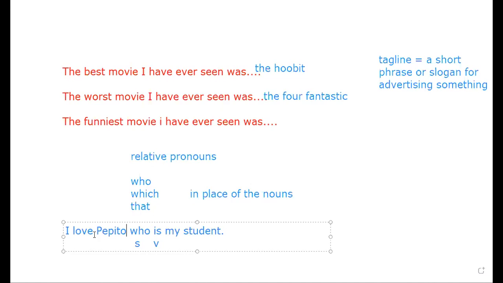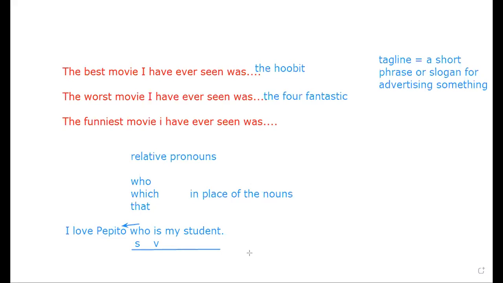Okay, you use in that way a relative pronoun as a subject, or a relative pronoun as an object. What is the relative subject clause? Organized by a subject and a verb. Subject relative clause, introduced by a relative pronoun, which is in place of Pepito.